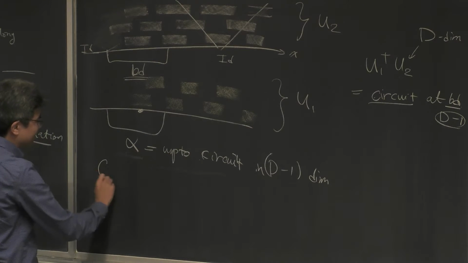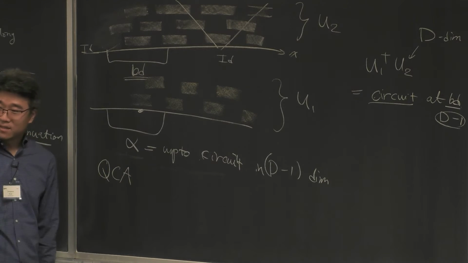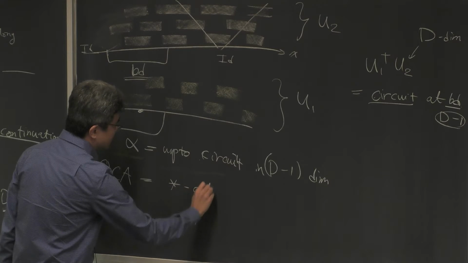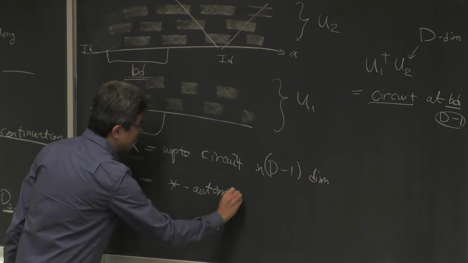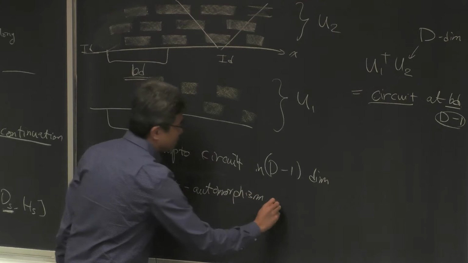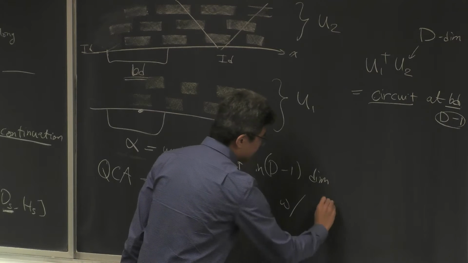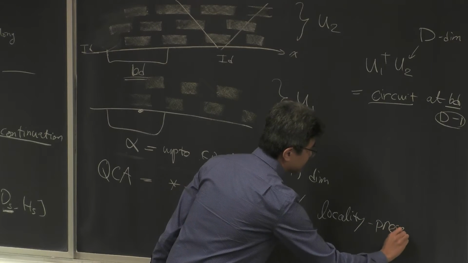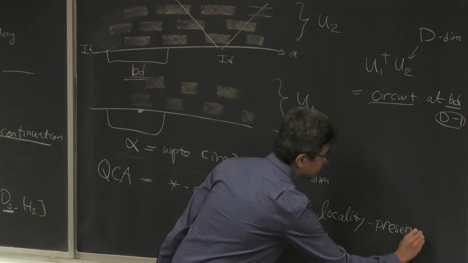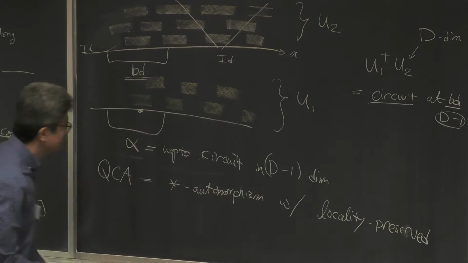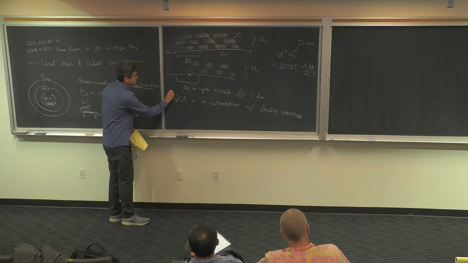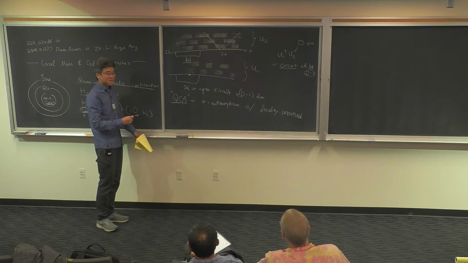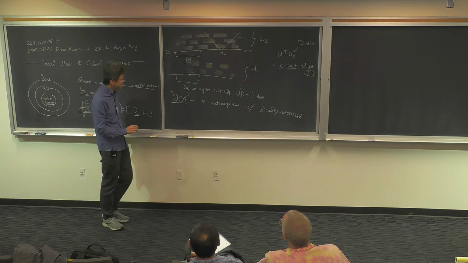So, okay, let me define it. Matt also defined it once in his talk. QCA is just a fancy name whose terminology I don't really endorse, but for historical reasons I cannot avoid.